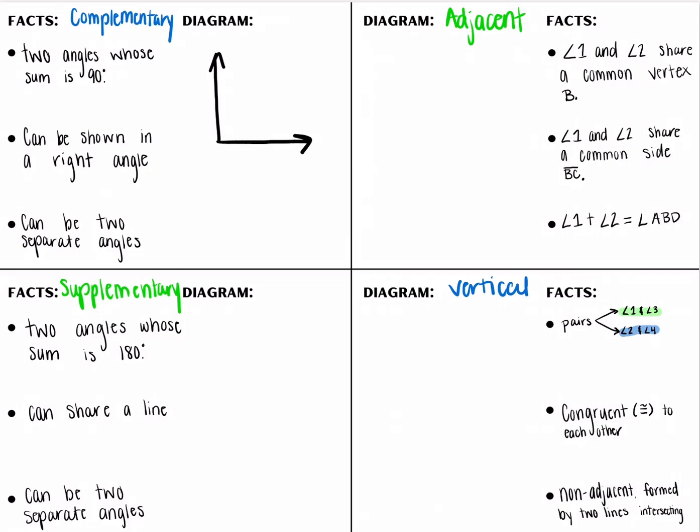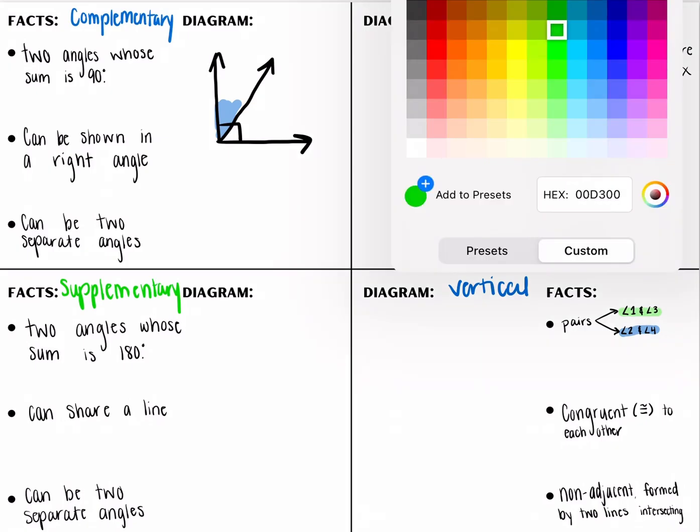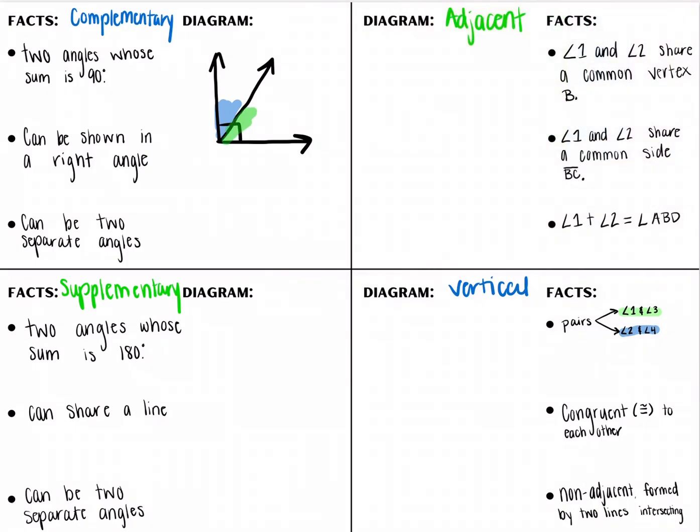Let's say the angle goes right here, then you know the 2 angles are complementary because they add up to be the whole angle. So this angle plus this angle adds up to the whole angle. That would be the first angle, and this would be the second angle, okay?